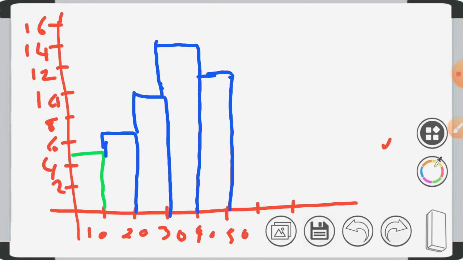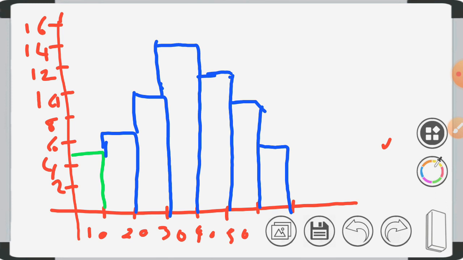Next, 50 to 60, it's 10. And 60 to 70, it's 6. So it's the histogram.